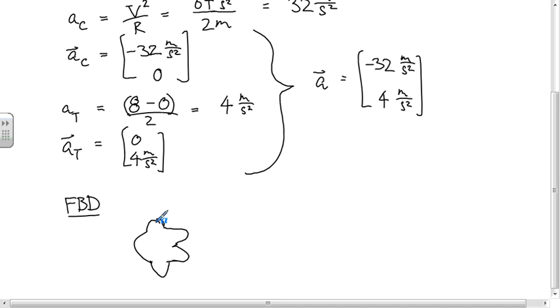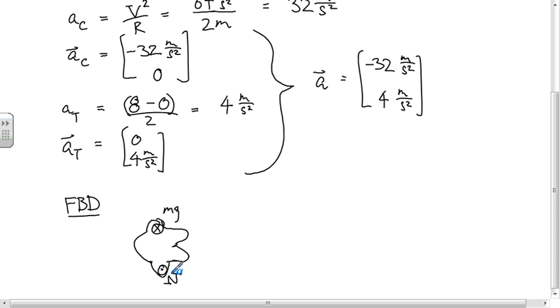So there's the weight, right? That's acting down into the page. So I'll write that here like that. So that's the weight. Then there's a normal force acting up. And then the only other force is the horizontal force applied to him by the carousel.